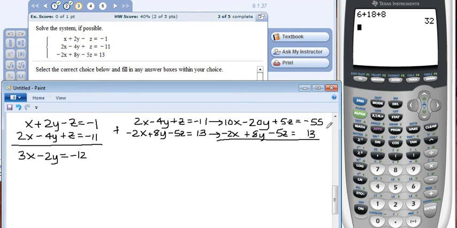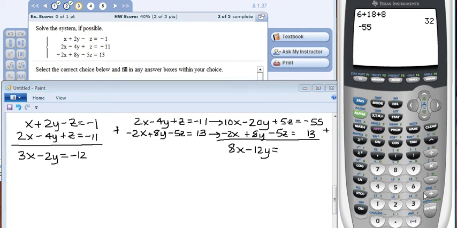Now if I add these, my z's go away, which is what I want. 10 minus 2, 8. Negative 20 and an 8, negative 12. 5 and a negative 5, gone. Negative 55 and 13, lazy, lazy, lazy. I don't care.